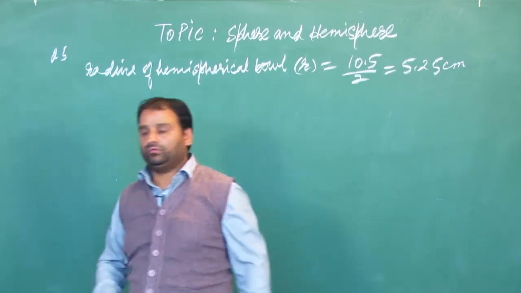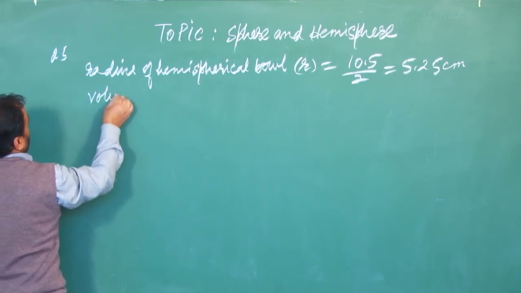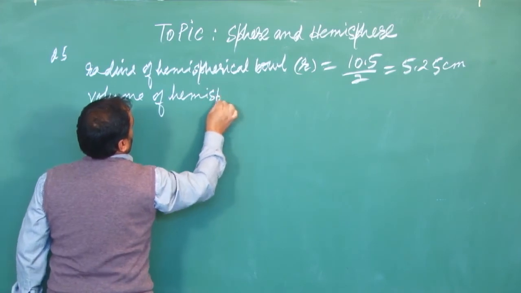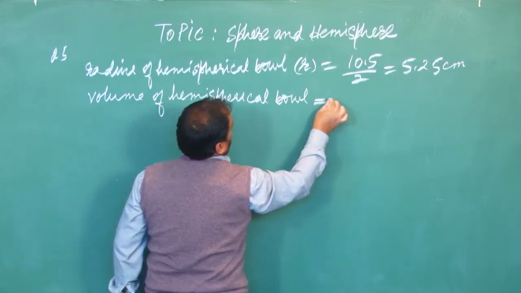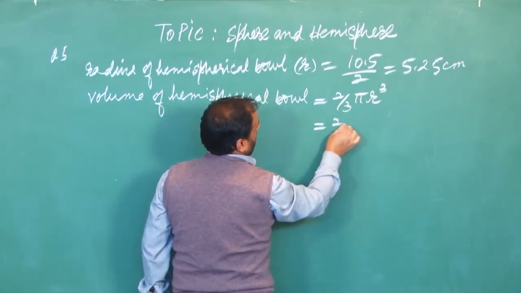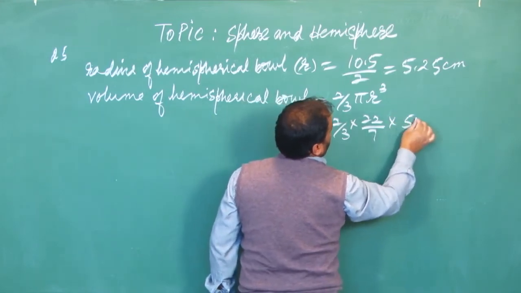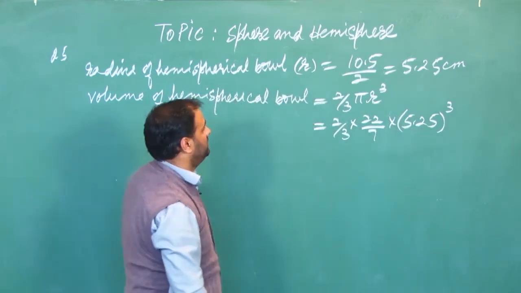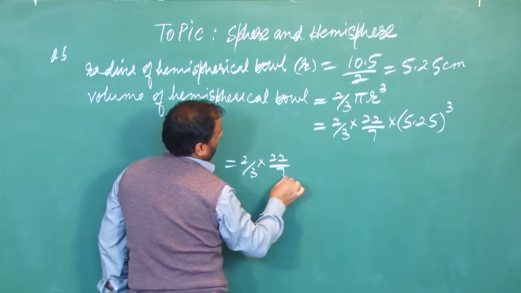Now, we will find the volume of that hemispherical bowl. It is 2 by 3 pi r cube. R cube is 5.25 cubed, that means 5.25 is to be multiplied 3 times by itself. 2 by 3 into 22 by 7.